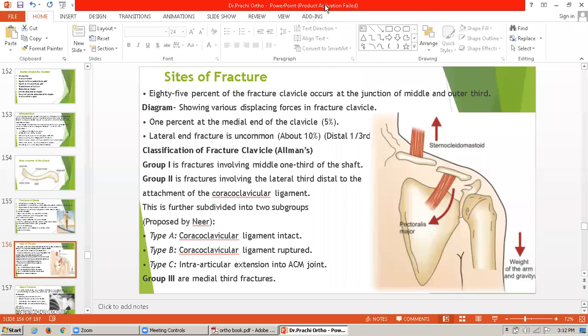Then the sites of the fracture. 85% of clavicle fractures occur at the junction of the middle and outer third.